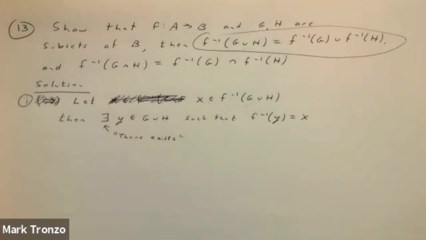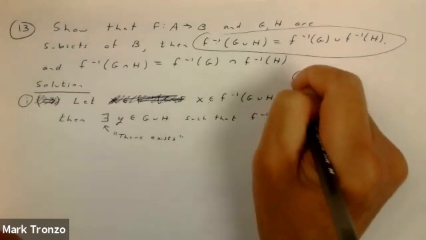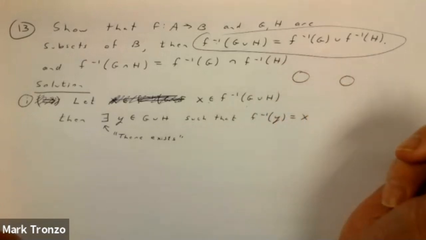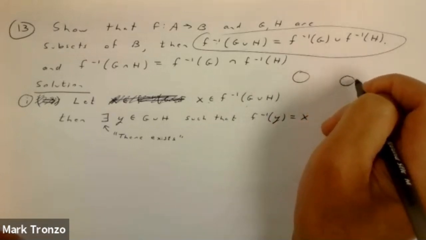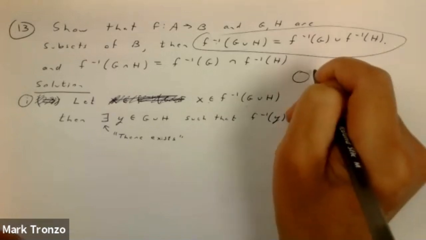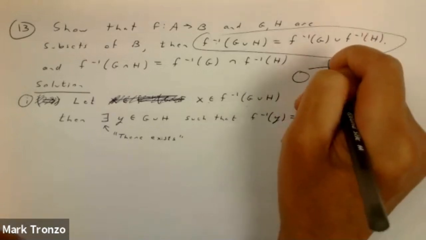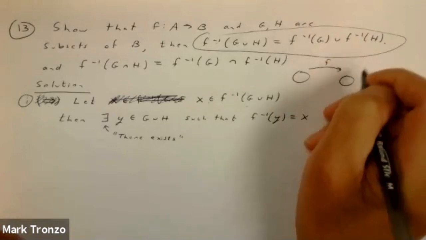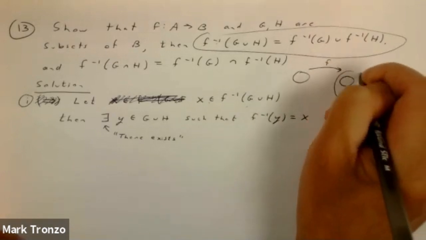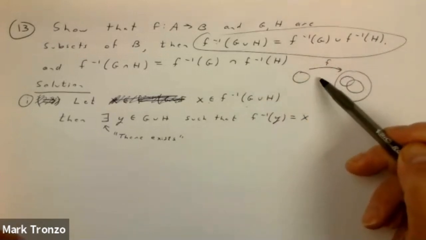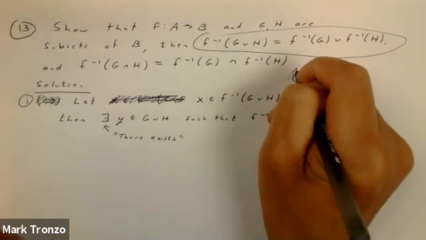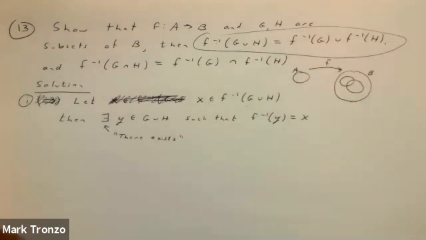That makes sense, doesn't it? In other words, keep in mind, it might even be helpful to have a picture. Let's say we have a function F going from A to B like this.